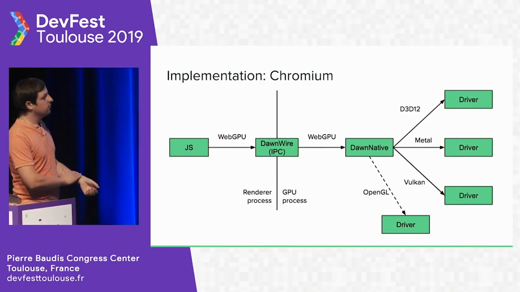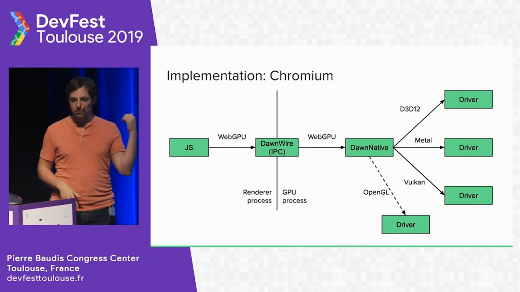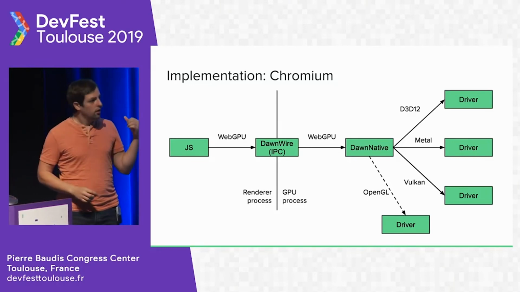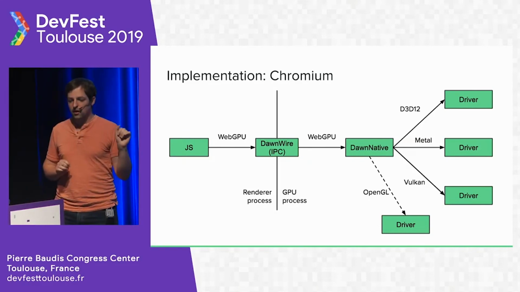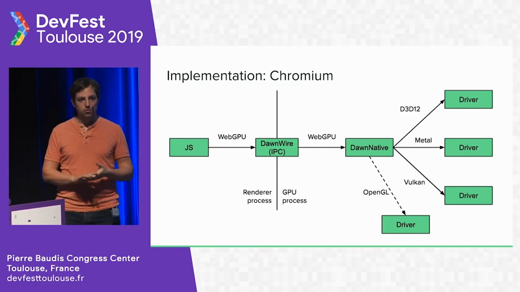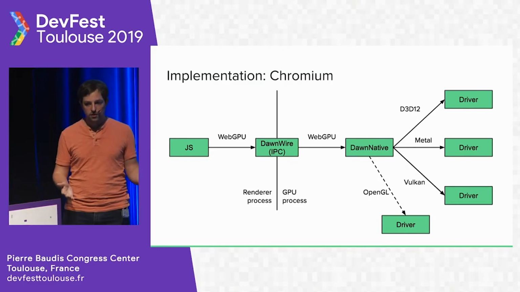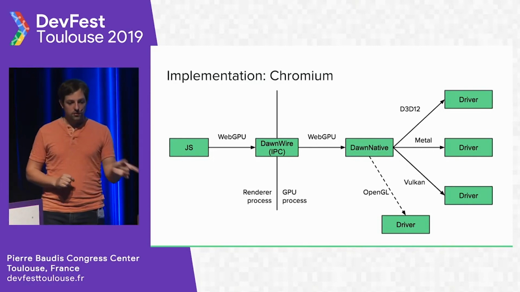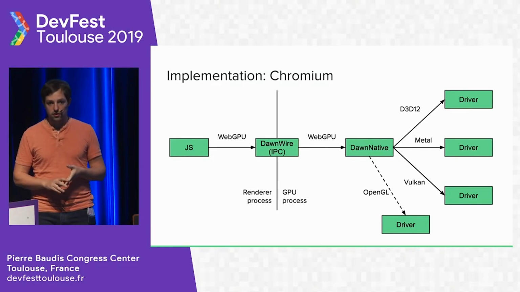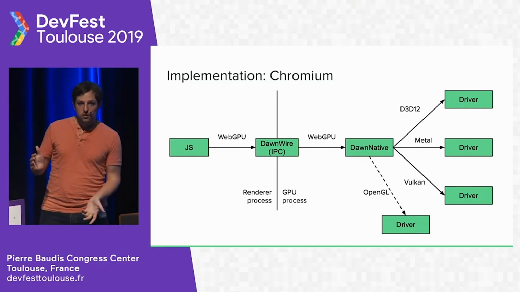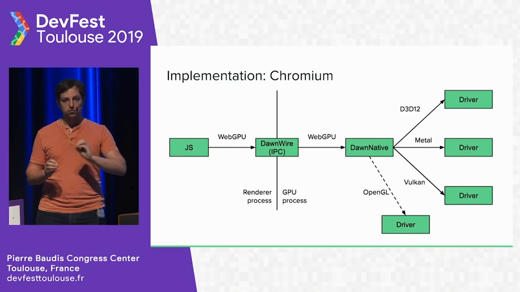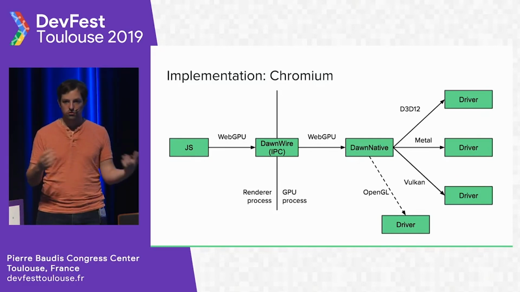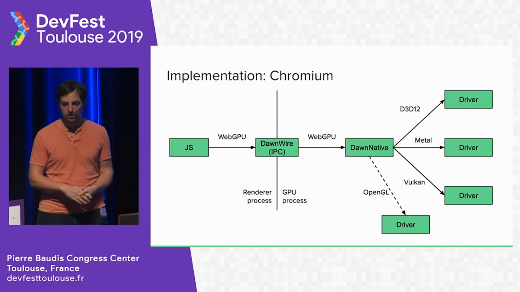All right, so this is a very, very basic view of how Chromium works. On the left side, you have the render process. It's the process in which the tabs live. And on the right side, there is what we call the GPU process. For security and stability reasons, we put the GPU process, the GPU driver, in a different process, just so things work better and are more secure.